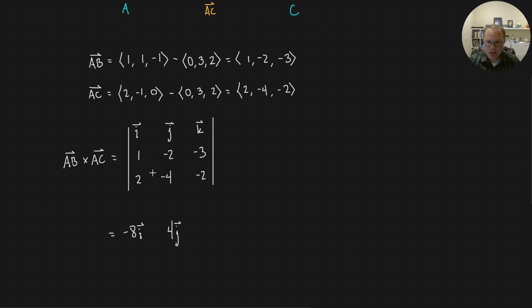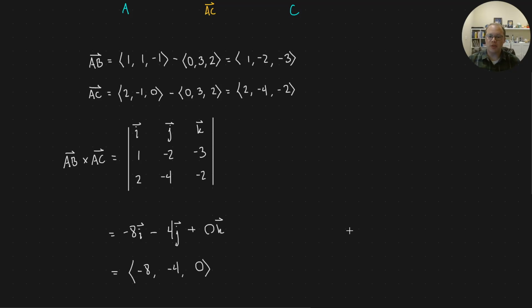And then finally for k, negative 4 minus negative 4 is 0. Alternate the signs, plus, minus, plus. My vector is negative 8, negative 4, 0.